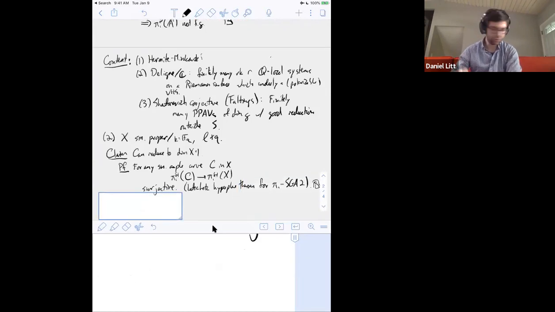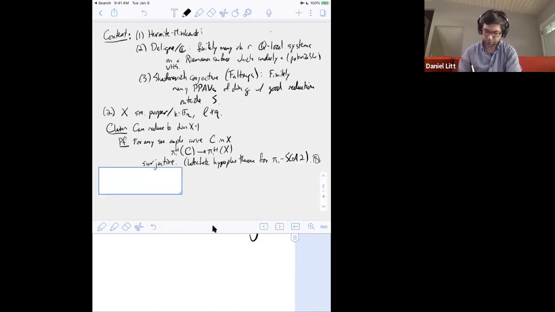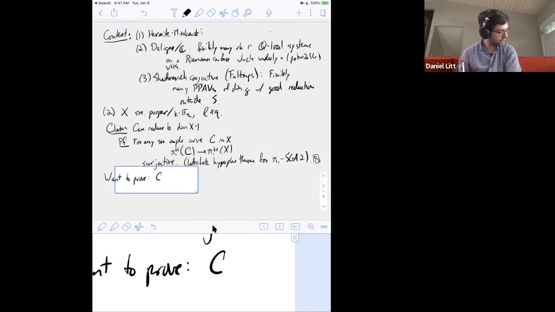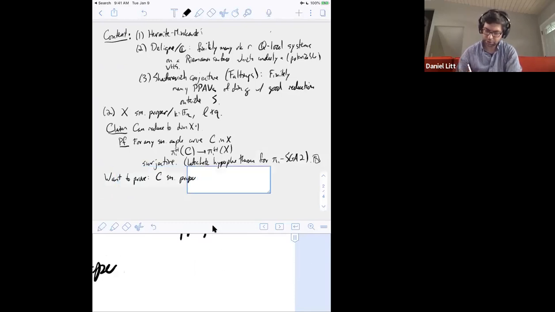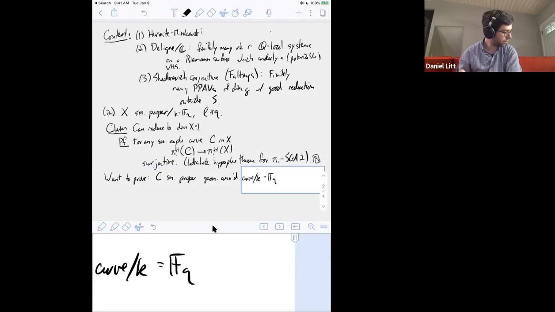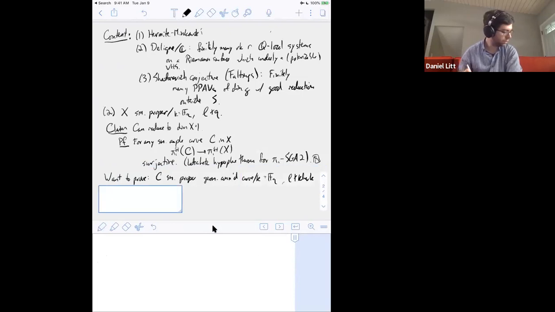So now what do we want to prove? Now we're in the case of a curve, and we want to prove the following. Suppose C is a smooth, proper, geometrically connected curve over K, which is the finite field F_q, and l is a prime which doesn't divide the characteristic of K, so it doesn't divide q.